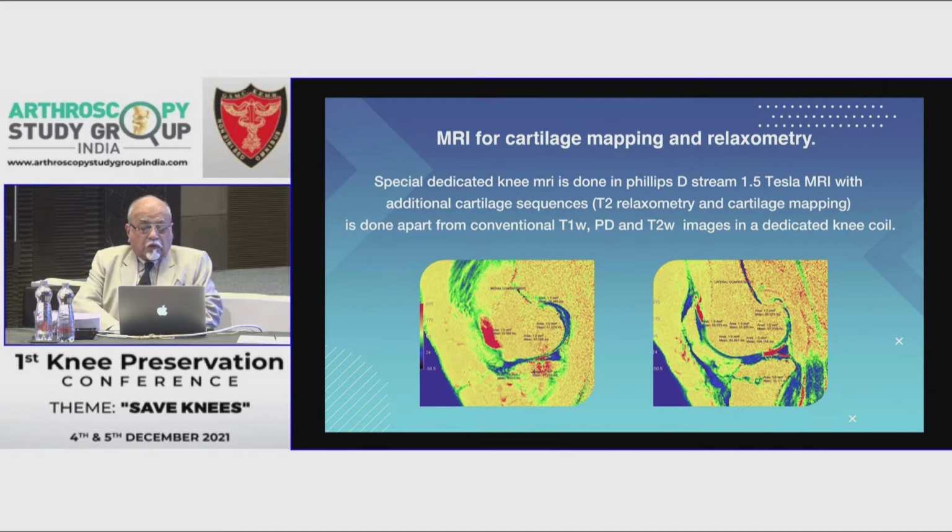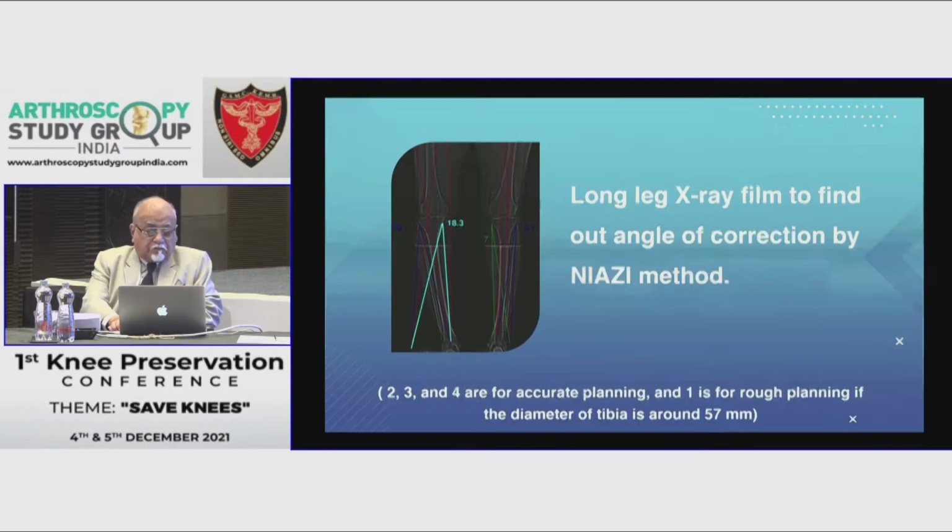MRI for cartilage mapping and relaxometry. Long leg X-ray film to find out angle of correction by Niazi method. Here it is 18.3 as shown in figure. So number one is for rough calculation and number 2, 3 and 4 are accurate planning.